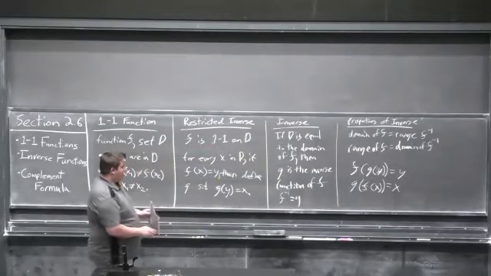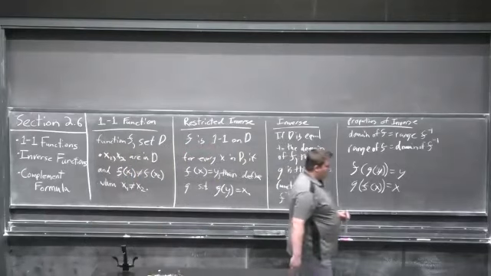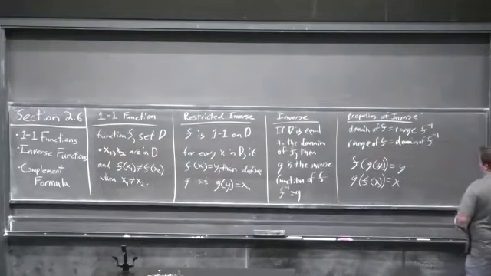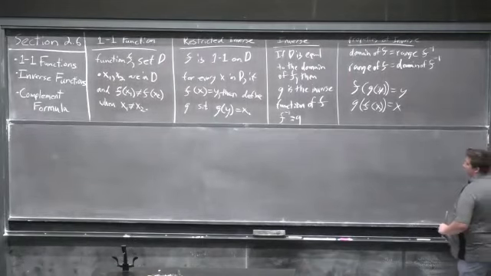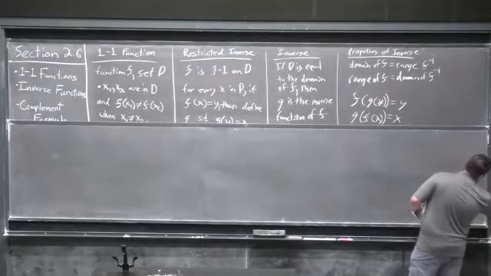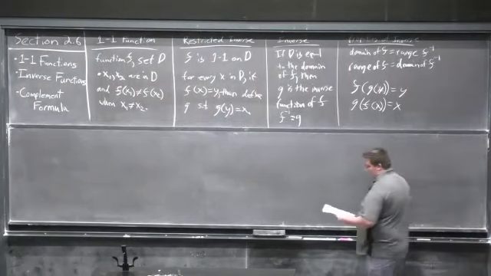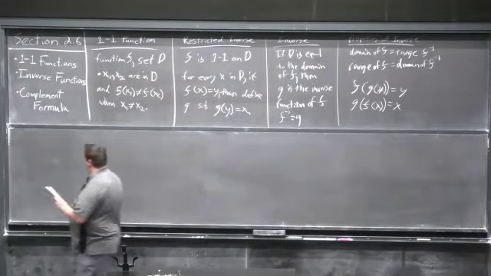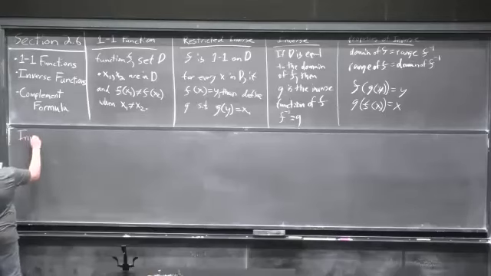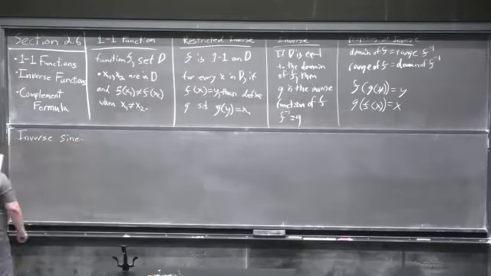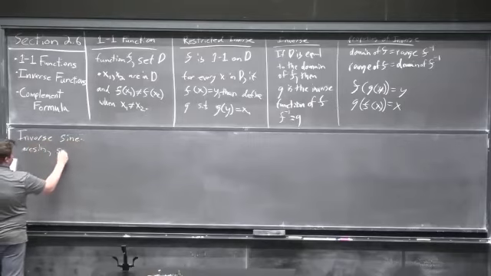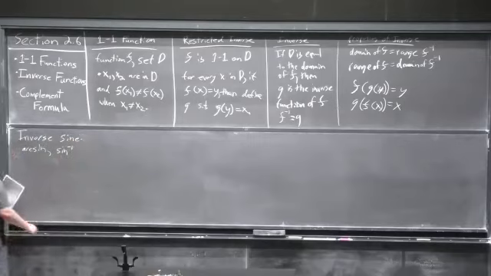Okay, so how is this useful? Well, we can define an inverse to our trig functions. So inverse sine, we're going to call it arcsine, or we can call it sine to the negative first.